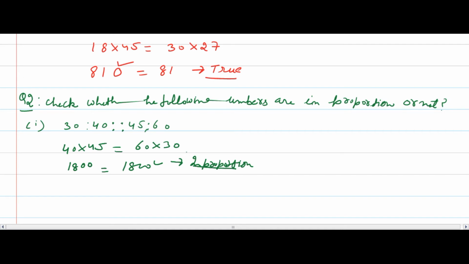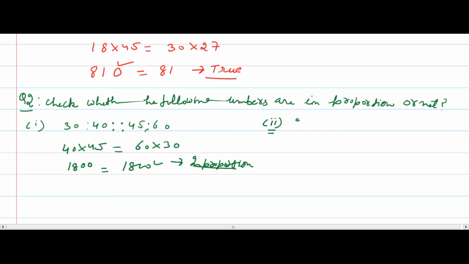Right? Let's say one with fractions. Question number 2. We will take the second part.